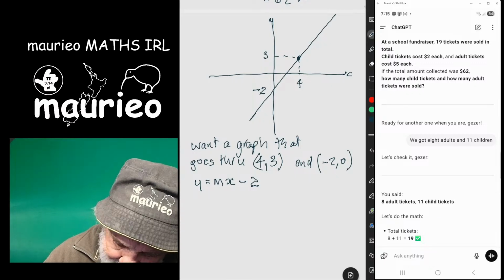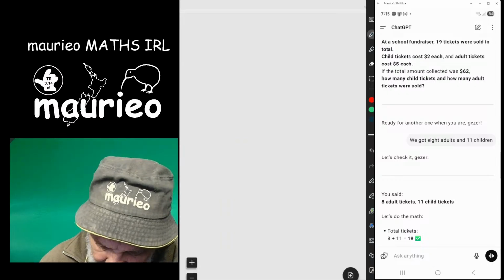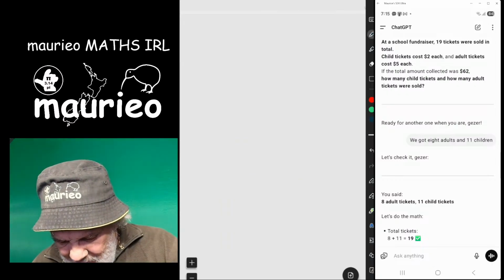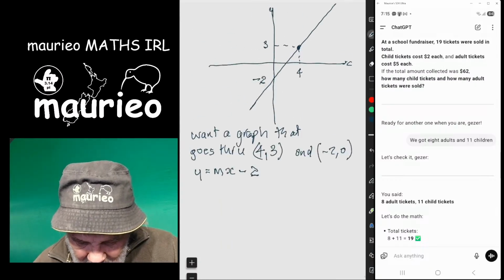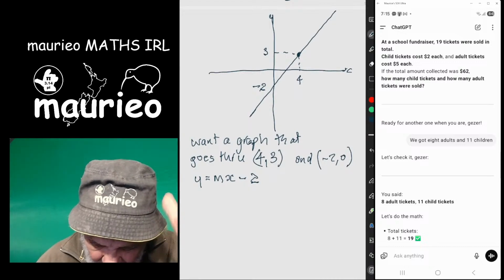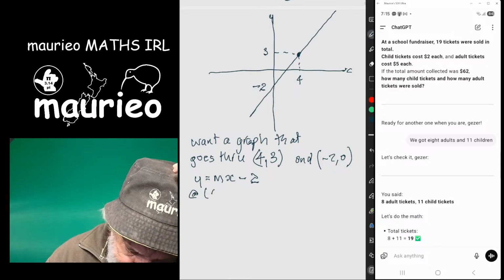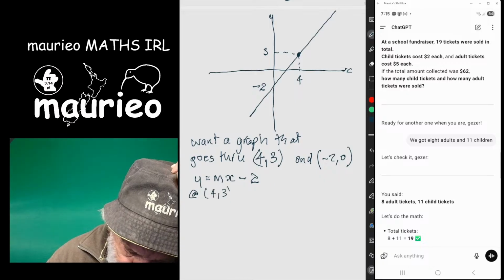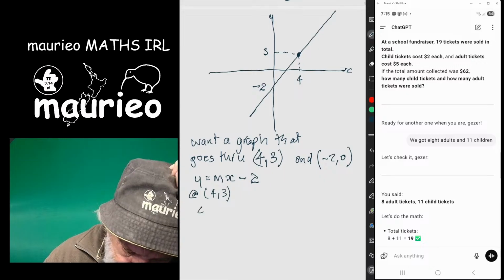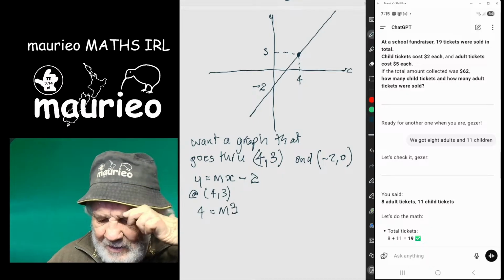So we know that's it there. So if it goes through the point 4, 3, from that we can say at 4, 3 we can say 4, which is y, equals m3, 3m.